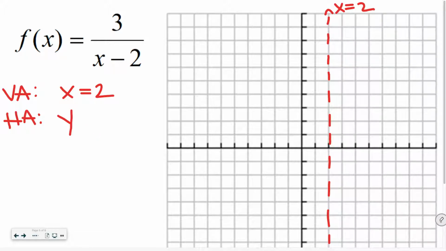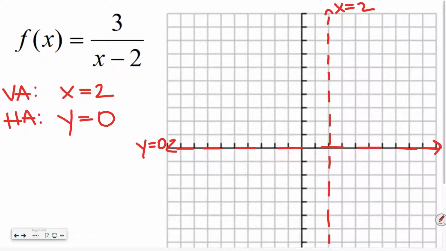Our denominator has a degree of 1. Our numerator has a degree of 0. There's not an x up there. So since the degree of the denominator is bigger, we have a horizontal asymptote at y equals 0. Ladies and gentlemen, the hard part is over.